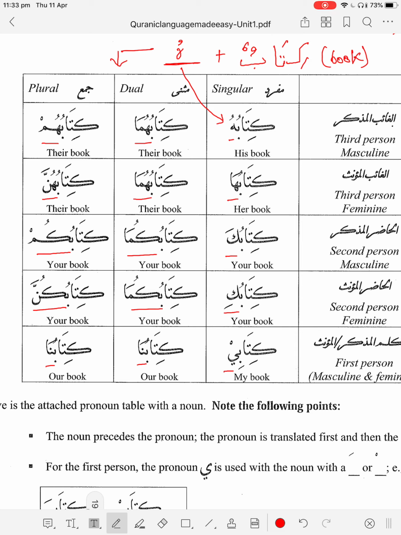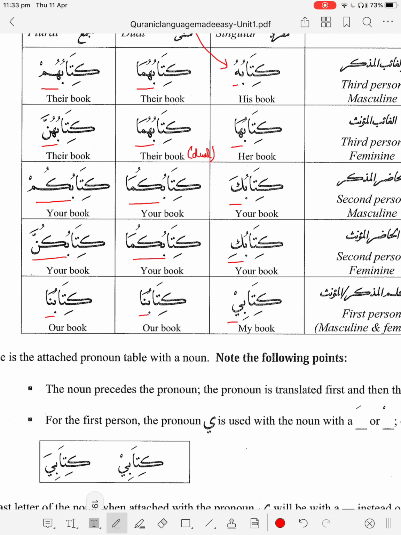There is no kitabunhu, it is kitabuhu. Similarly, we will have kitabuhuma, kitabuhum, their book, kitabuha, her book, kitabuhuma, again their book, meaning dual, two people. And kitabuhunna, which means their book, but I'm referring to females.